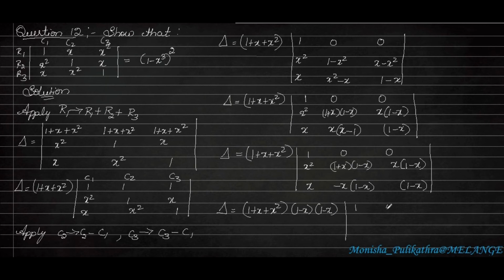So it will be 1, 0, 0 and x square, 1 plus x, x. Since we have taken common, it will become this: 1, 0, 0, x square, 1 plus x and x, x minus x and 1. Next we need to do the further simplification to get the answer. Let us do it.